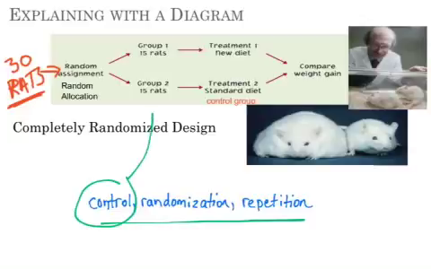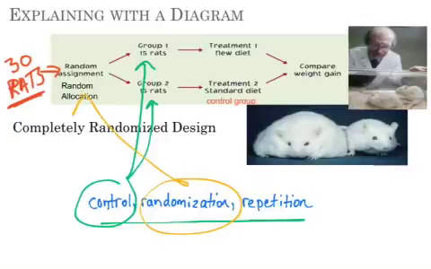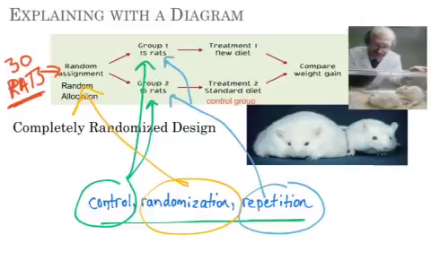You have more than one group to help reduce any lurking variables. Randomization, right at the beginning, you are randomly assigning the rats to each group so that each group is as similar as possible. And repetition. Within each group, we have 15 rats and 15 rats.